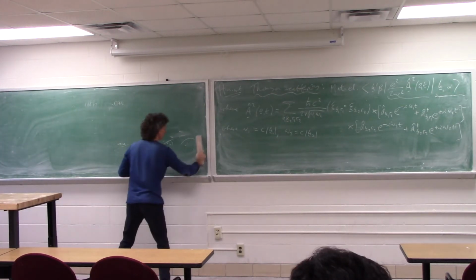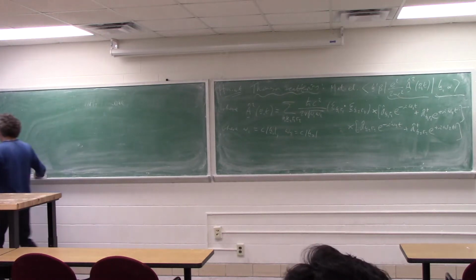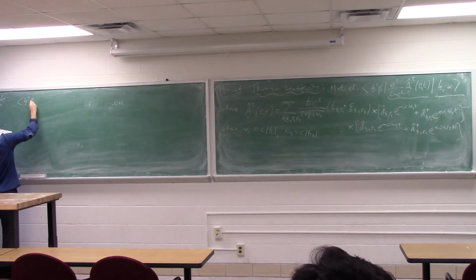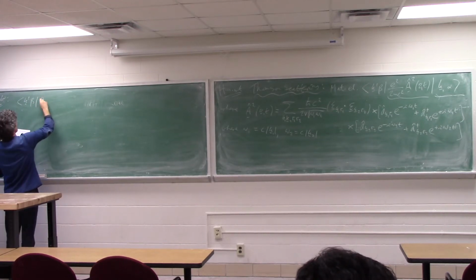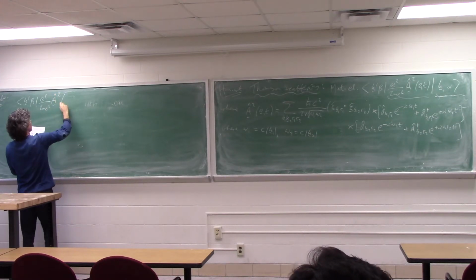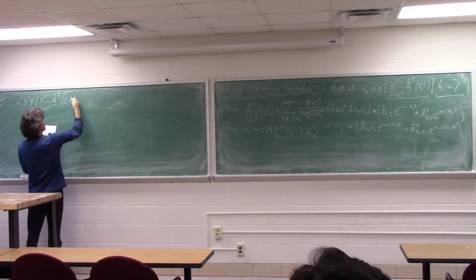So what you can now check, and I'll leave you to check it, you should find the following matrix element: k prime beta, e squared over 2mc squared, A hat squared, 0 t.